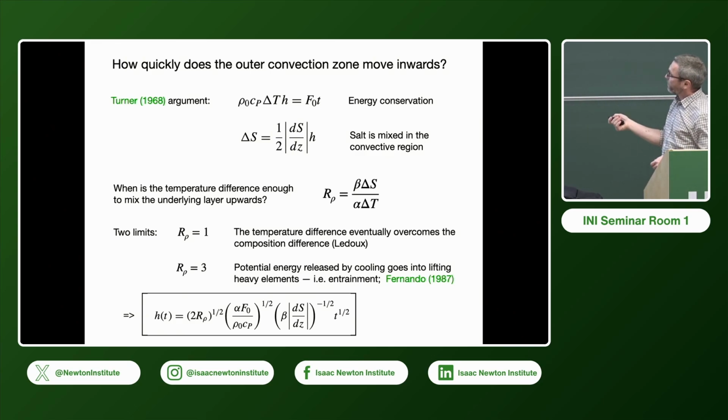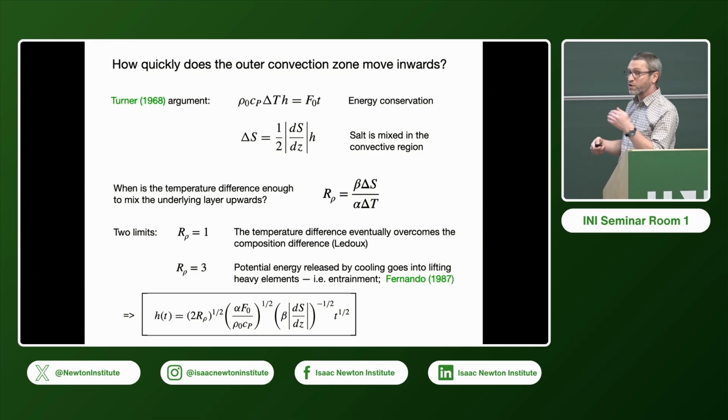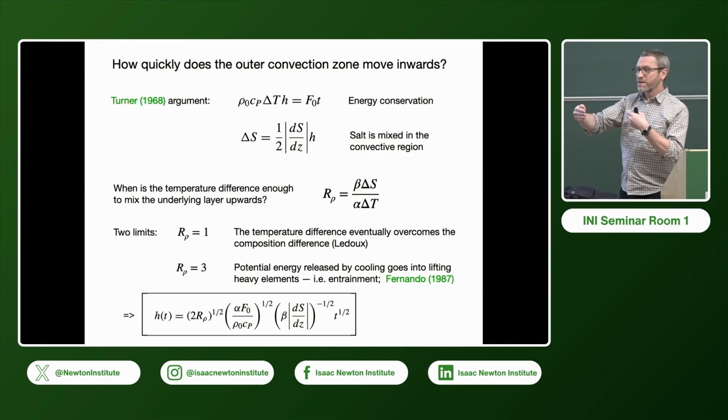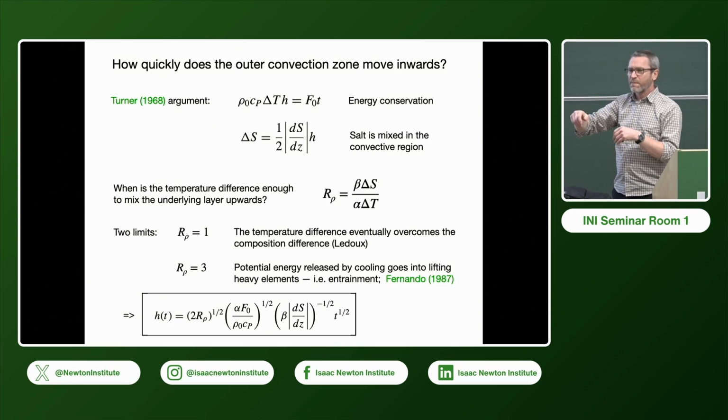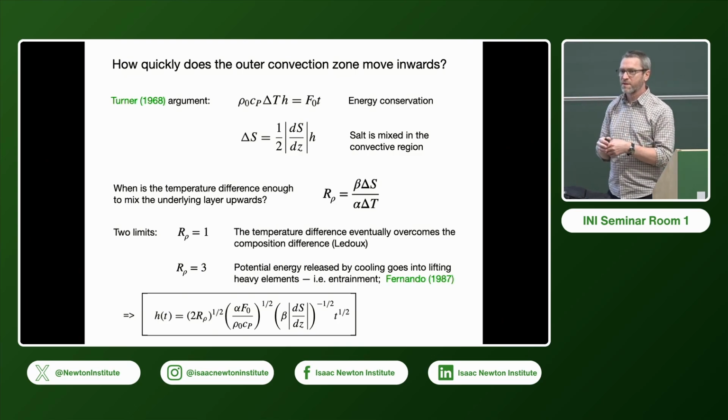But Fernando proposed that a better value to take would be 3. This is thinking about the idea of entrainment. The reason the convection zone is going in is not because it's got cold enough to mix the next zone, but because there's an active entrainment process at the boundary that's bringing material across the boundary. For example, shear instabilities at the boundary can mix in heavy elements from below, and that reduces the buoyancy enough to allow the convection zone to propagate.